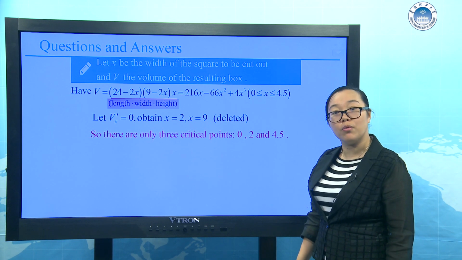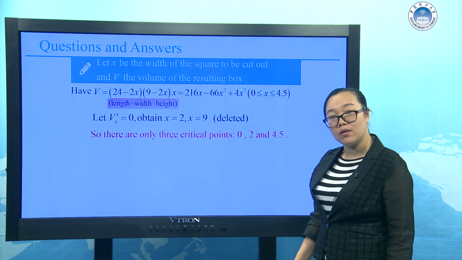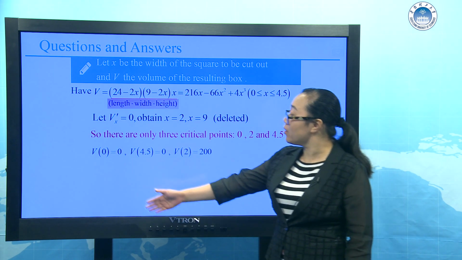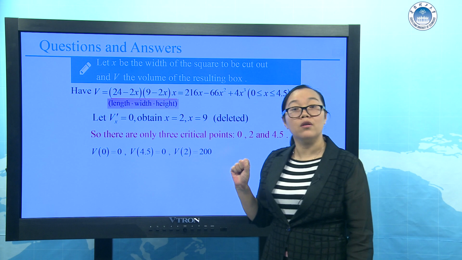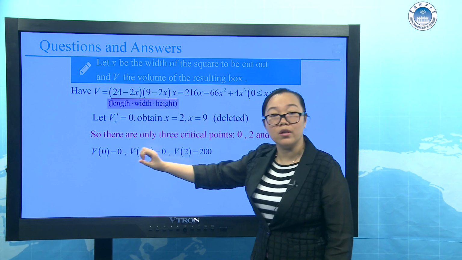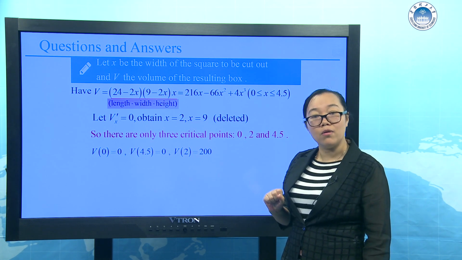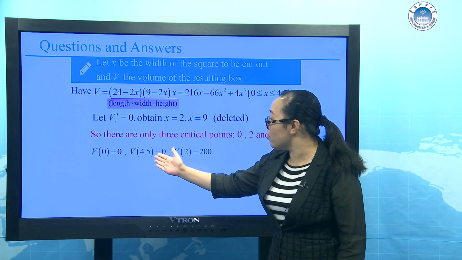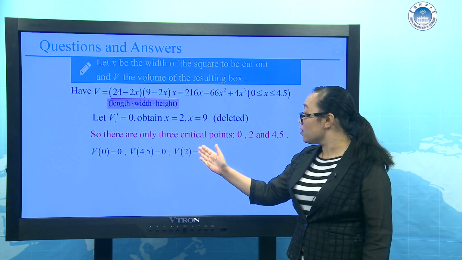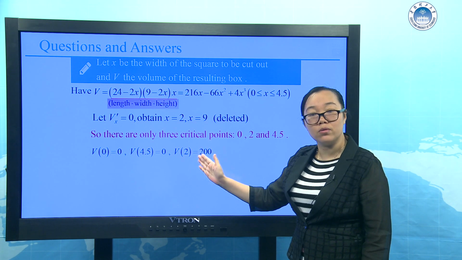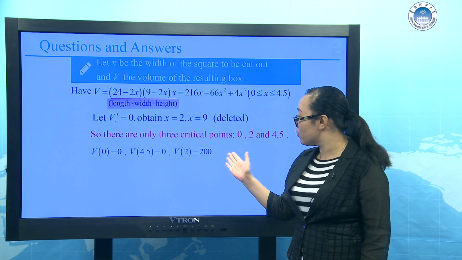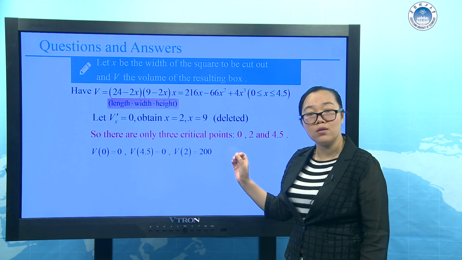Three critical points. Determine which value is maximum, so we can get the corresponding V. V at 0, plugging in 0, together the volume equals 0. The value V at the point 4.5, plugging in the value, equals 0. V at the point 2, plugging in the stationary point 2, the final result equals 200.